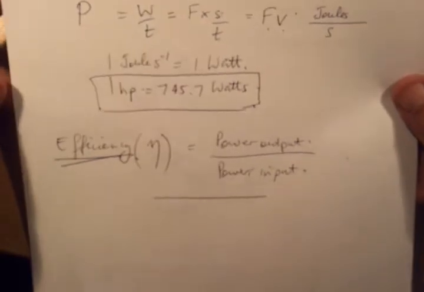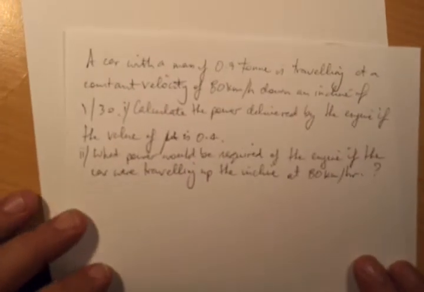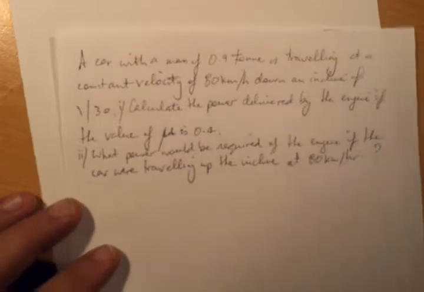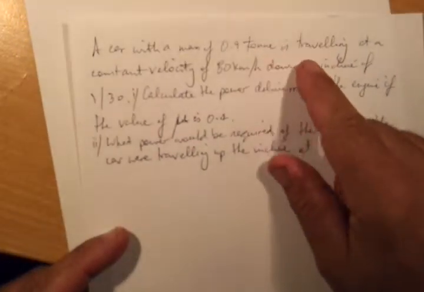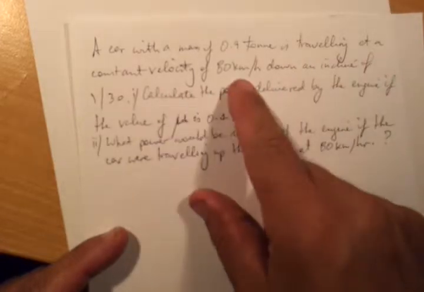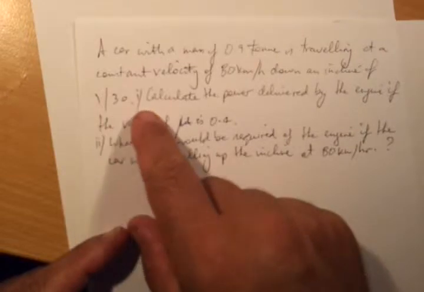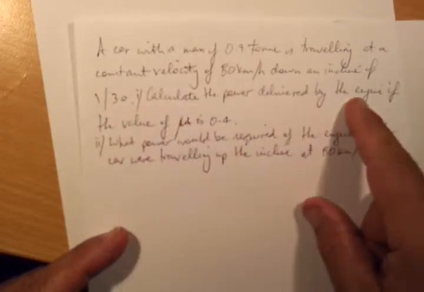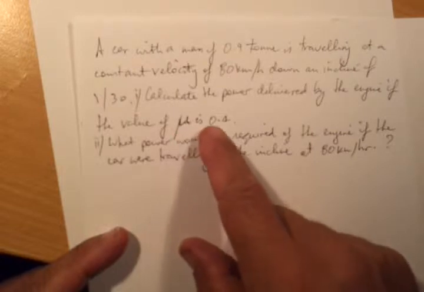Okay, so we've looked at efficiency, the law of conservation of energy, and power. Let's look at a little question that might tie some of this together. So we've got here a car with a mass of 0.9 tons. It's travelling at a constant velocity of 80 kilometres an hour down an incline of 1 in 30. Firstly, calculate the power delivered by the engine if the value of mu is 0.4.